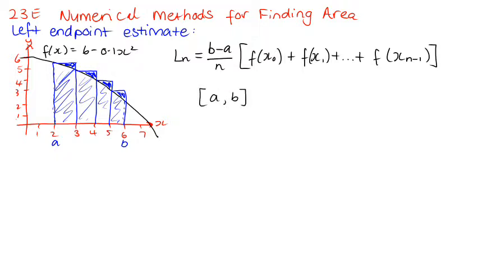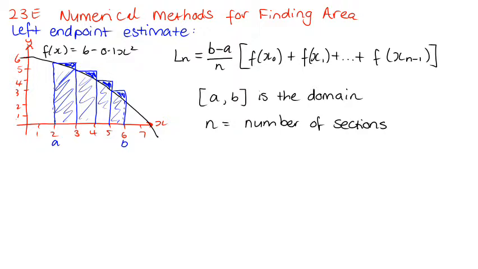Right, the numbers a and b are like 2 and 6 in this example, so those are your domain, I guess you would call it. And n is the number of sections you've divided your graph into. So for this example, we've divided it into 4 columns, so n is 4.